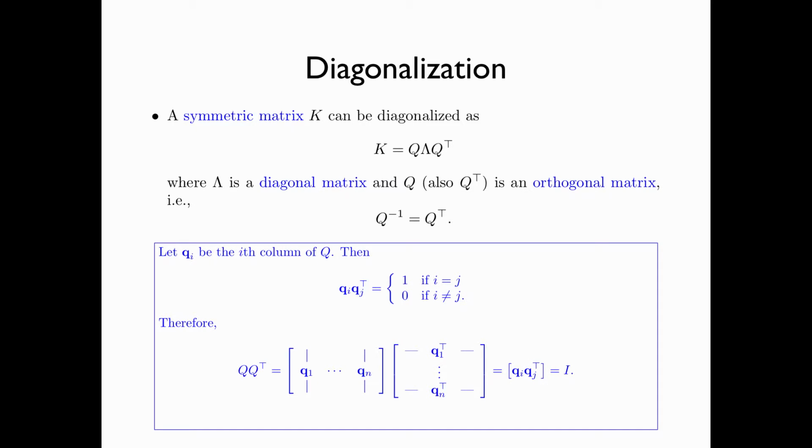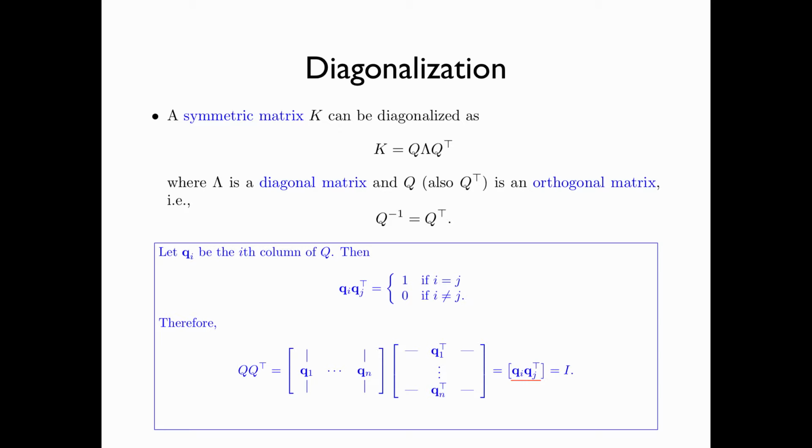Now consider the product Q times Q transpose, where Q consists of the columns Q1, Q2 up to Qn, and Q transpose consists of the rows Q1 transpose, Q2 transpose up to Qn transpose. By regarding Q as a row vector and Q transpose as a column vector, we see that the ijth element of Q times Q transpose is equal to Qi times Qj transpose.